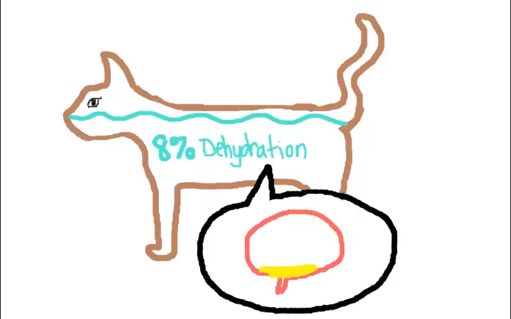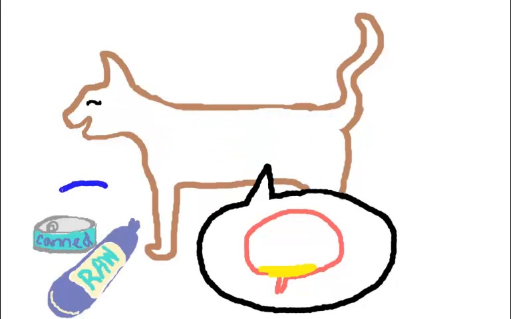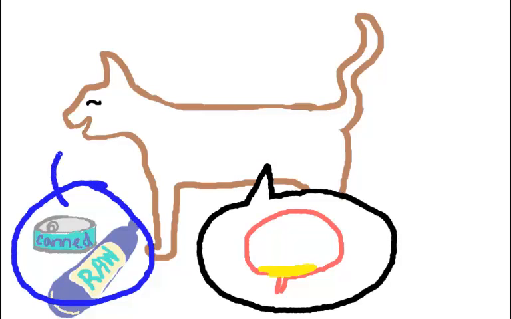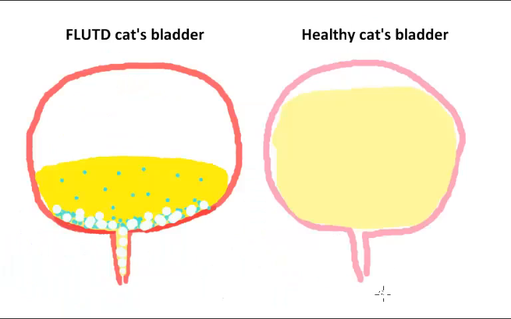So what we do is we put them on a high moisture diet. They're consuming the water with their meal. More water means that there's going to be more urine produced. When we produce more urine, we have to go to the bathroom more often. So in these cats, we want them to be going to the bathroom more often, get this bladder full and need to go to the bathroom.